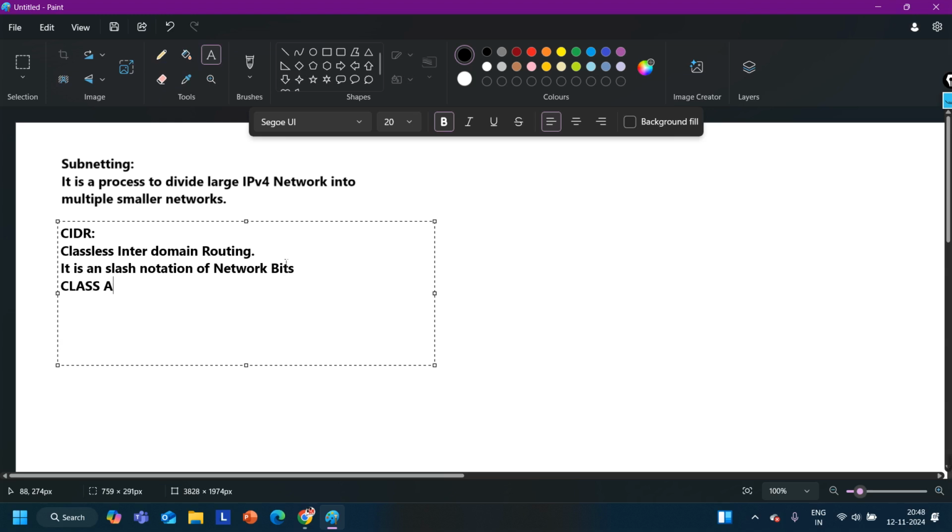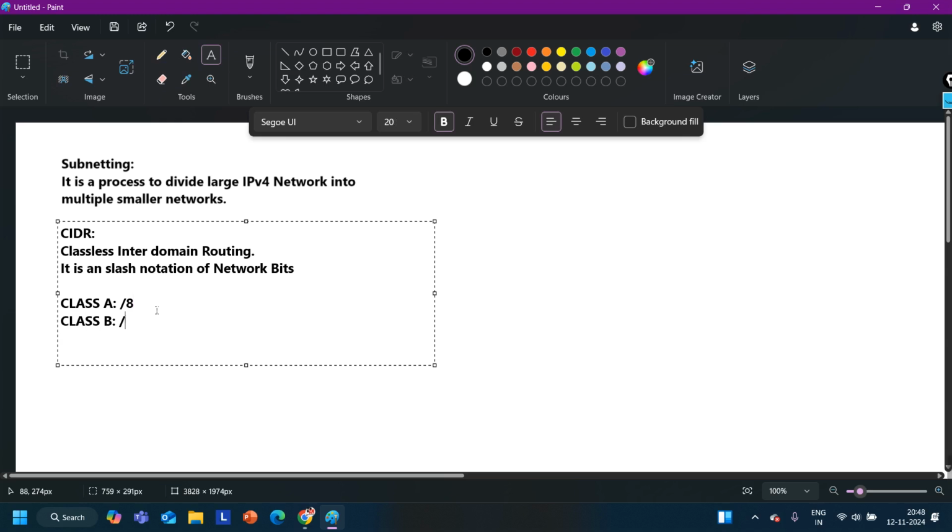So you tell me, in class A, how many network bits are there? 8 network bits, right? So we are going to represent it as slash 8. What I told you, it is slash notation of network bits. Got it? For class B, how many network bits are there? 16.